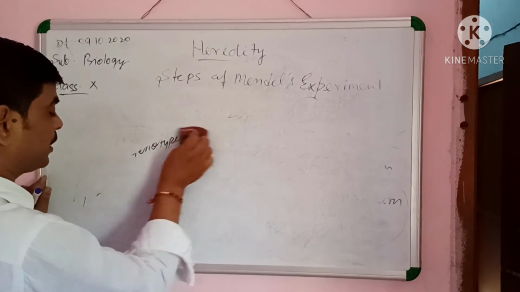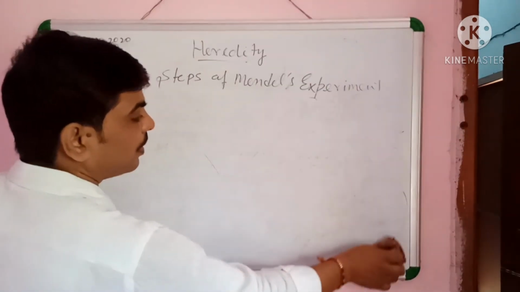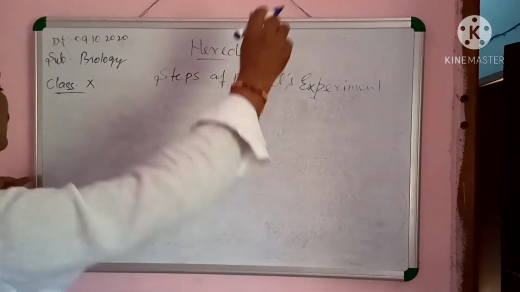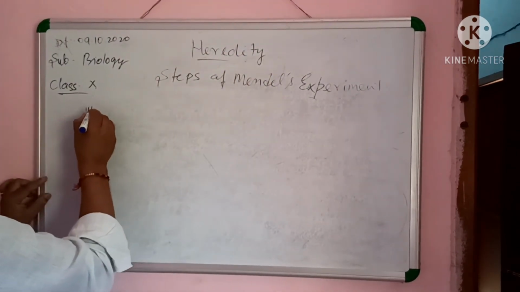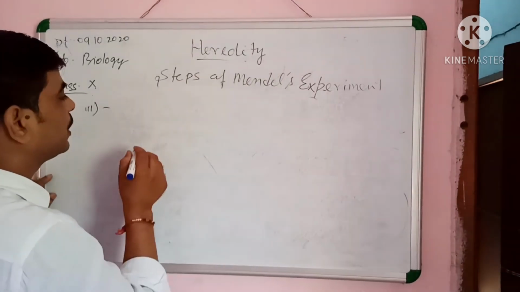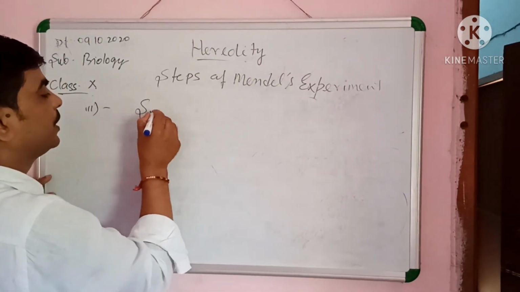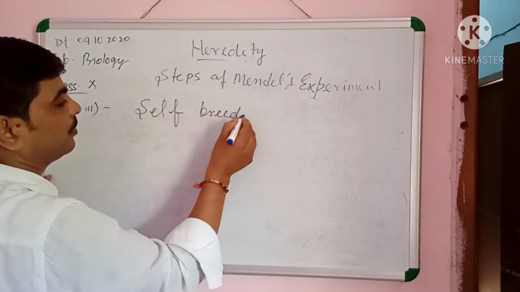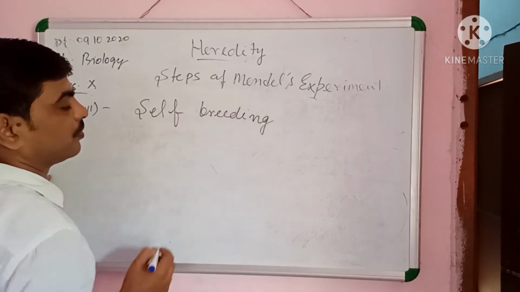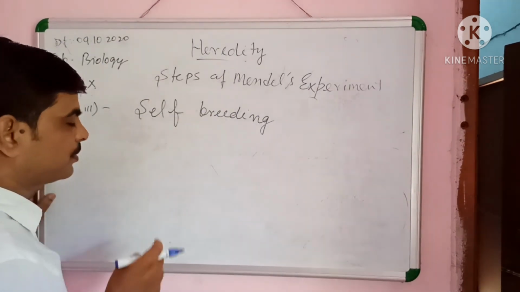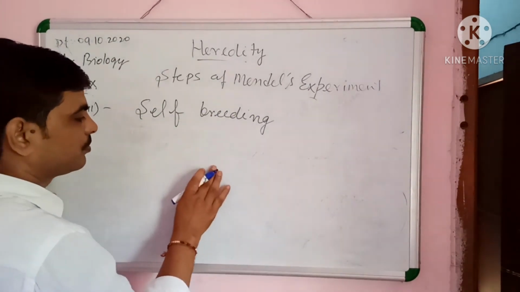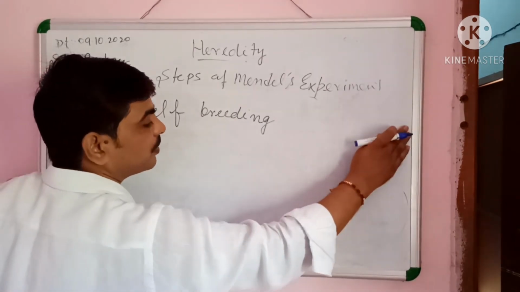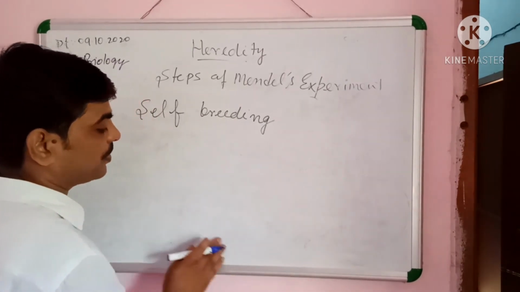The third step in the experiment of Mendel is self-breeding. Self-breeding means, no, it is sexual reproduction, but the pollens are not from different types of flowers.